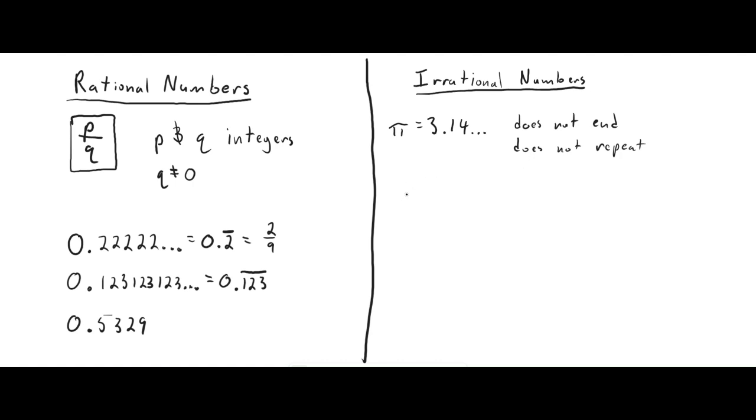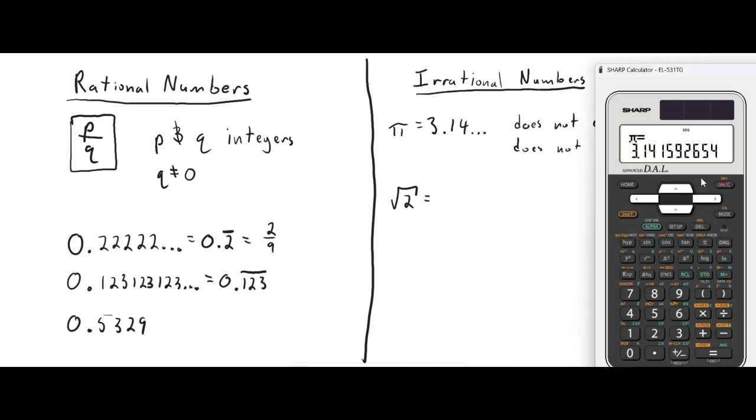Another example of irrational numbers are square roots or cubic roots. So if you look at something like the square root of 2, my calculator shows a certain number of digits. But if you keep looking at more and more digits, you'll never get the final answer for the square root of 2 as a decimal.